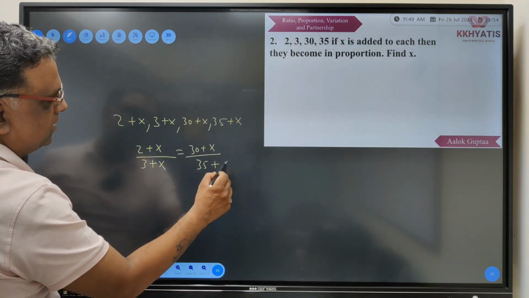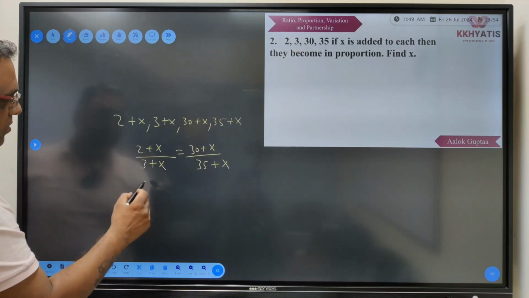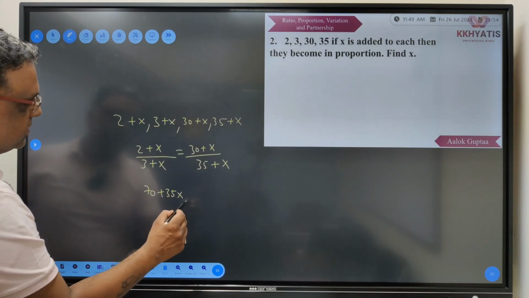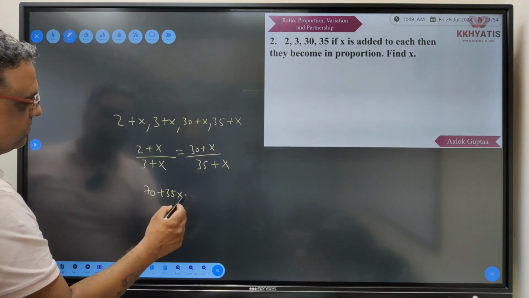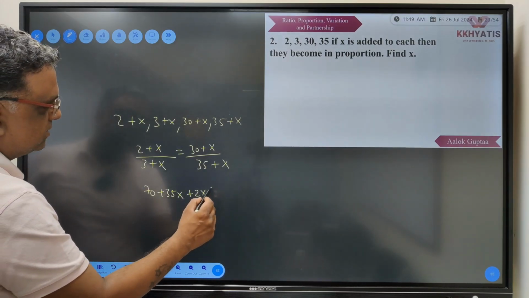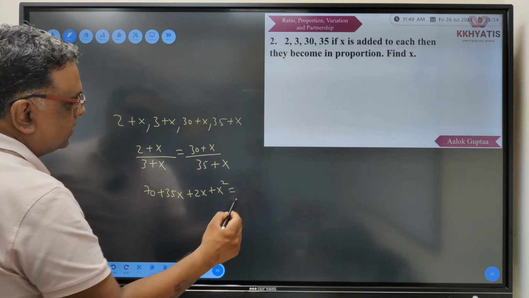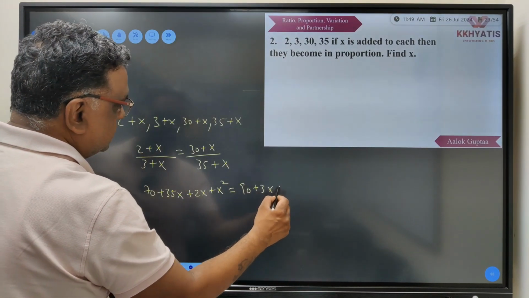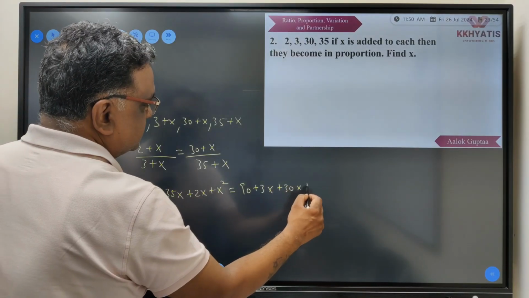That's what it means when they are in proportion. Cross multiplying, 70 plus 35x plus 2x plus x square is equal to 90 plus 3x plus 30x plus x square.